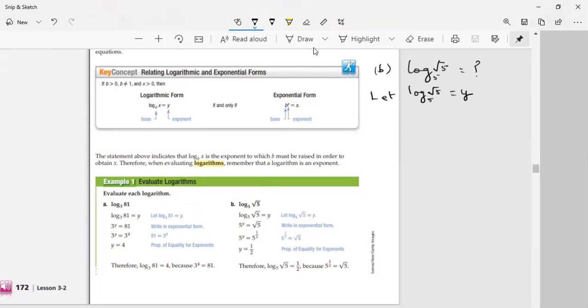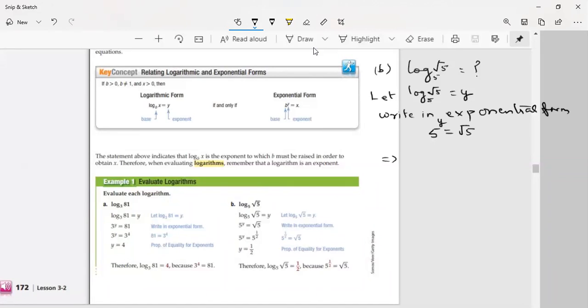Now write this in exponential form. In exponential form, as I told you, this 5 is the base. So 5 will be there only. This y and root 5 will exchange their positions. y will come here and root 5 will come on the right hand side.